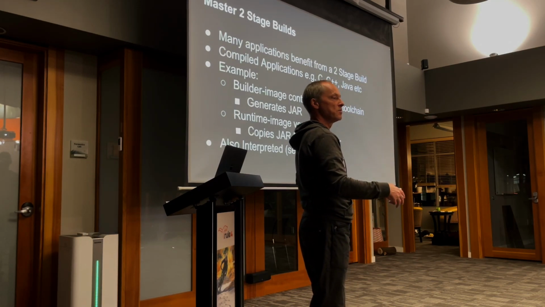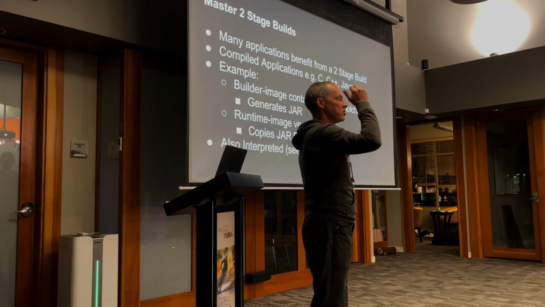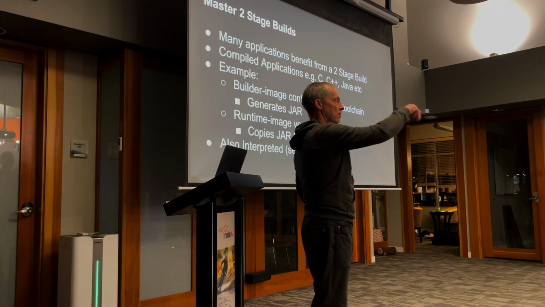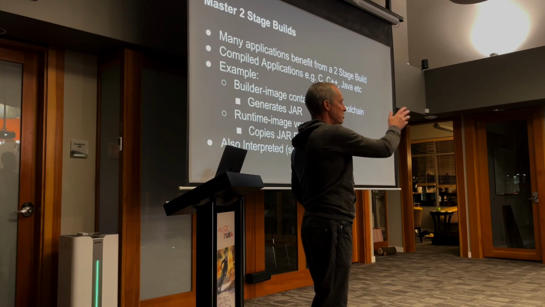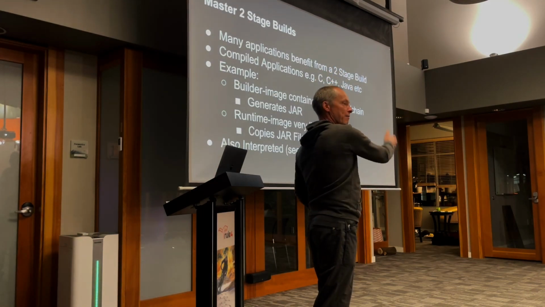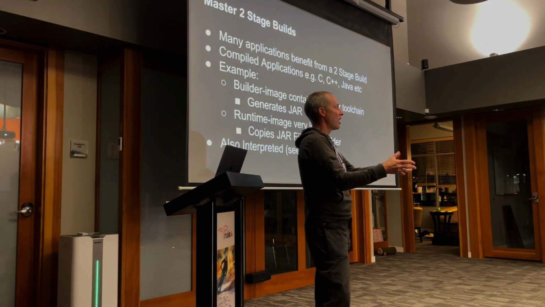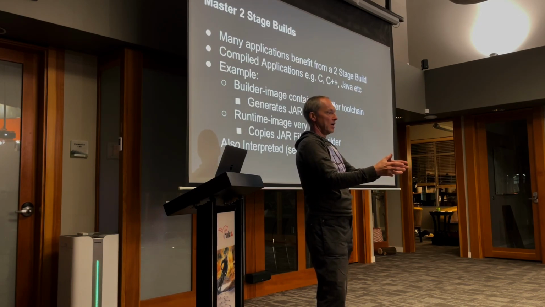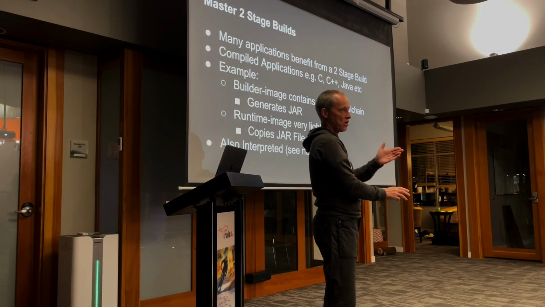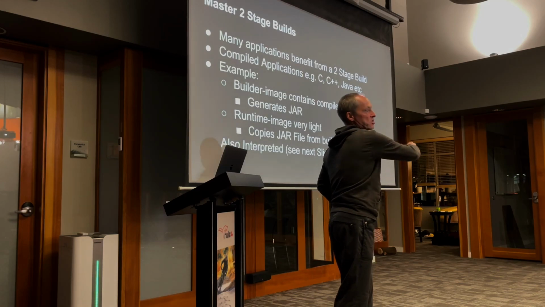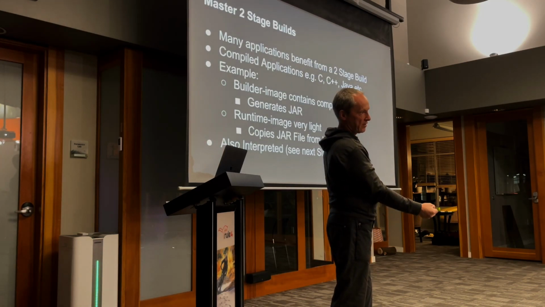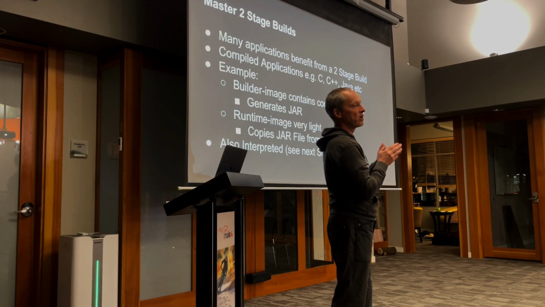So in a two-stage build, your Docker file says from, and you have your development image. You do this a lot in Kubernetes, and it compiles it. And then maybe you get a jar file, okay? And then the second part of the Docker file takes that jar file and puts it in another container, which is as small as can be.